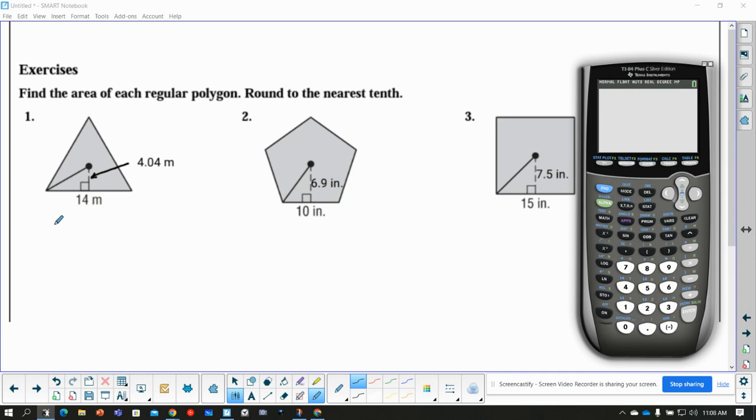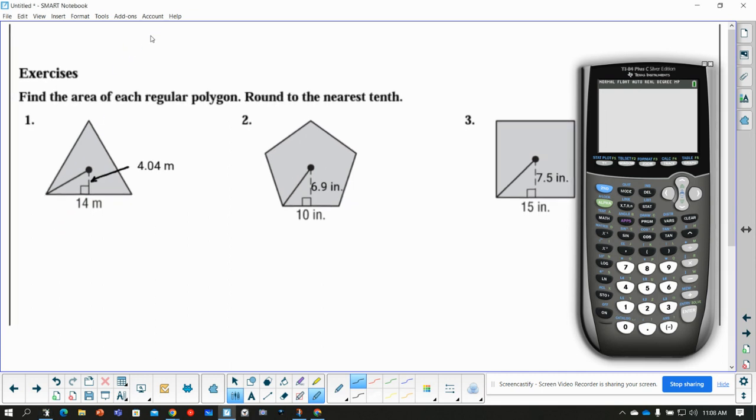So this first one here, and the formula, I'm just going to write the formula up at the top. Area equals 1/2 perimeter apothem, or apothem perimeter, whichever way you want to go. Okay, so this first one, area equals 1/2 perimeter. 14 is one side, so the perimeter would be 14 times 3, and so we get 42 there.